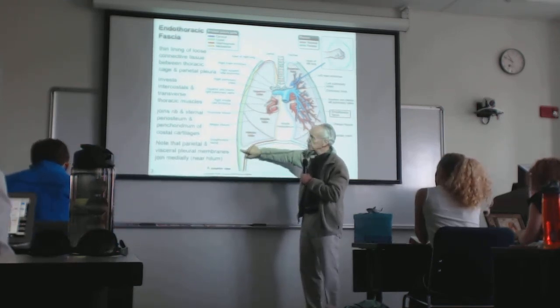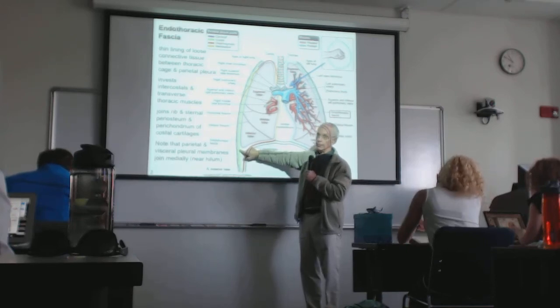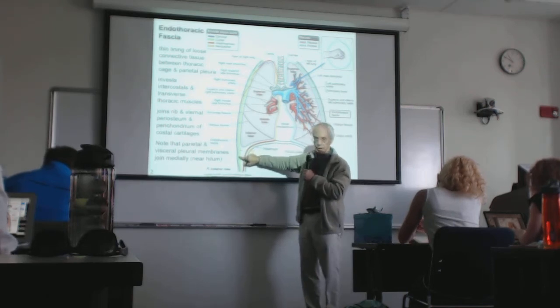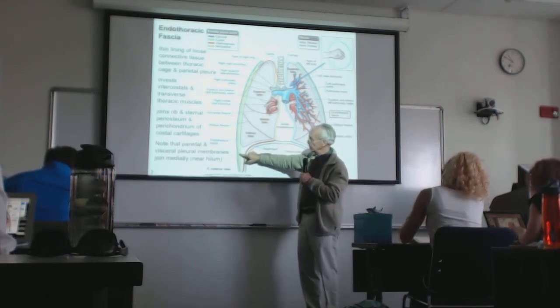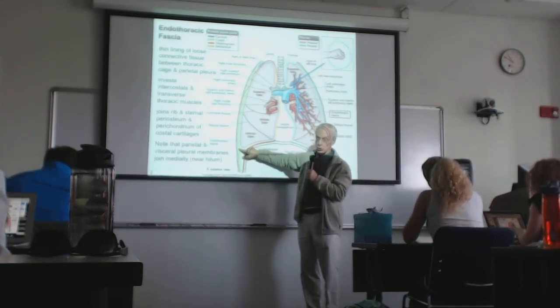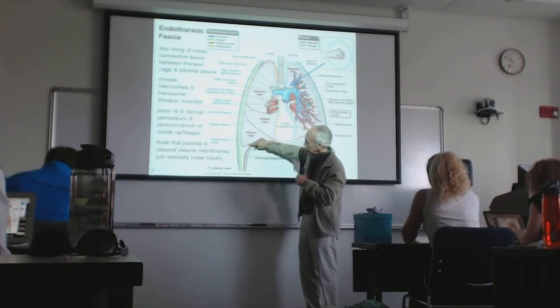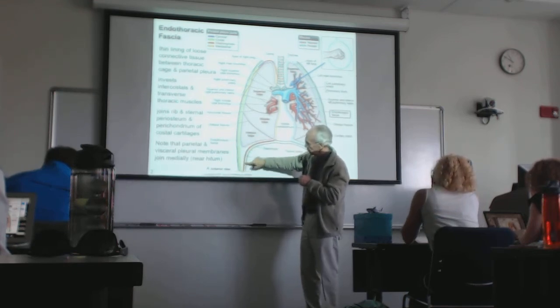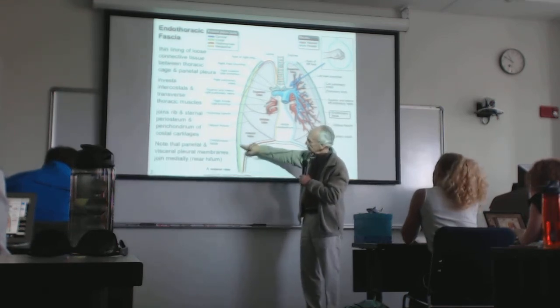You can see that the parietal pleural membrane adheres, for the most part, to the wall of the thorax, but is not always apposed or immediately adjacent to the visceral pleural membrane. You can see right here, for example, and this is exaggerated, they deviate.